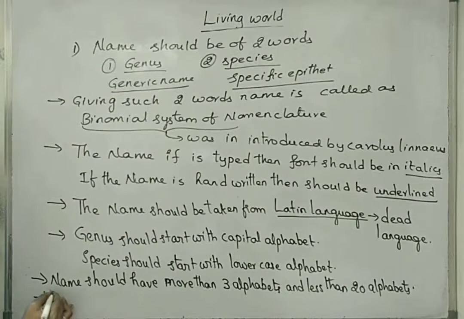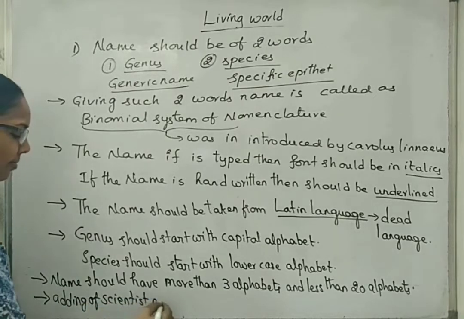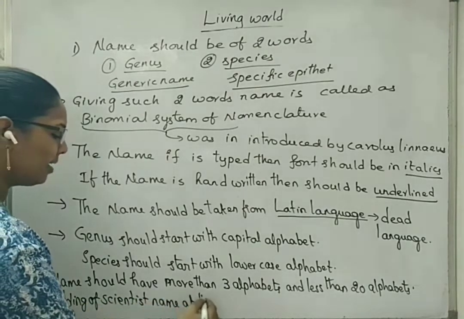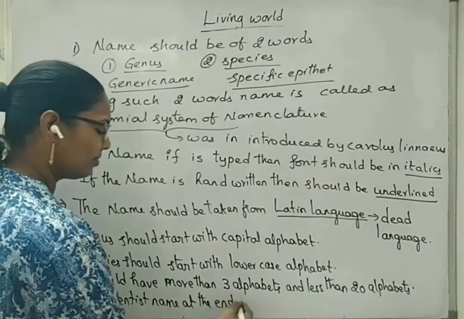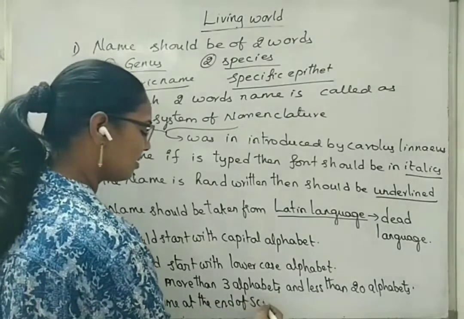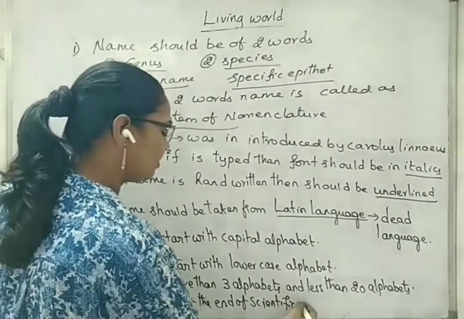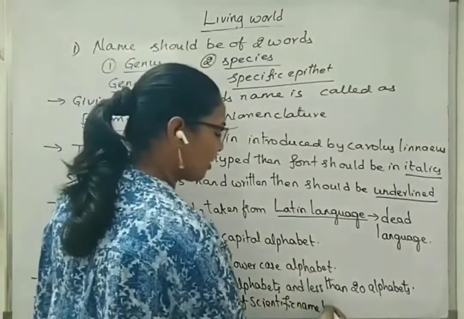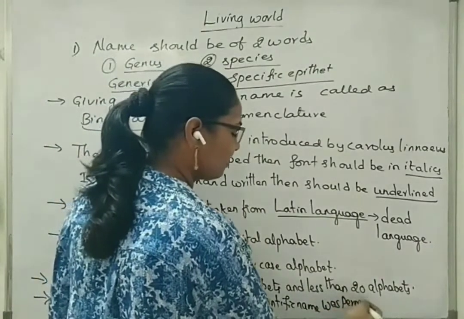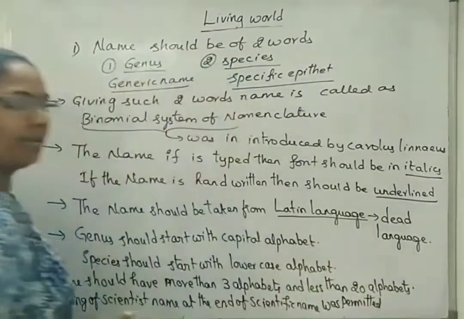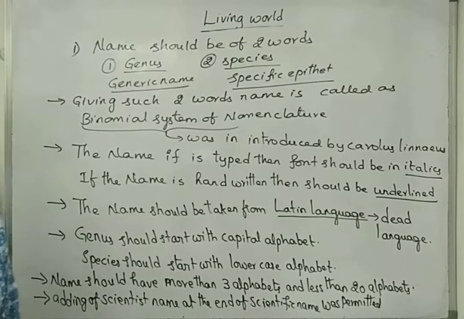So, adding of scientist name at the end of scientific name was permitted. For this we can take Carolus Linnaeus has given Homo sapiens term for human beings. So the example for this one can be Homo sapiens Linn.